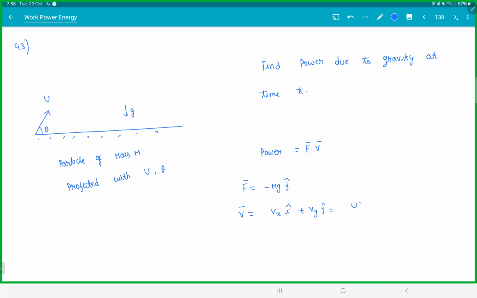What is vx? u cos theta i cap plus u sin theta minus gt j cap. You're done. So what is power? F bar dot v bar, which is minus mg times u sin theta minus gt. Easy. Know your velocity, you know your force, you're done.